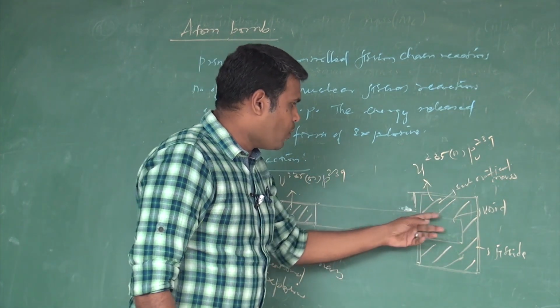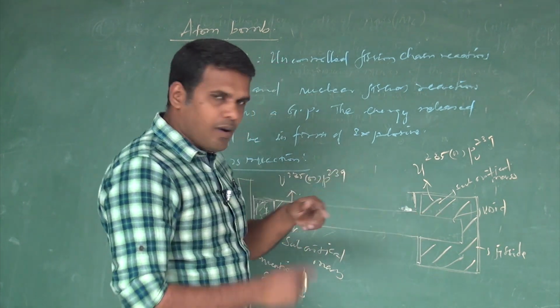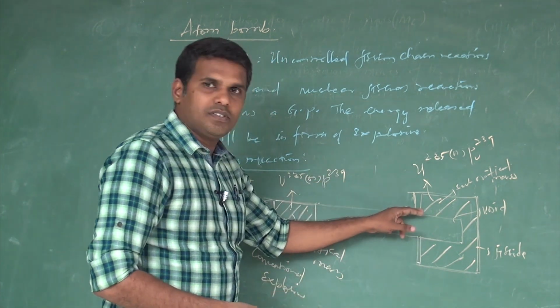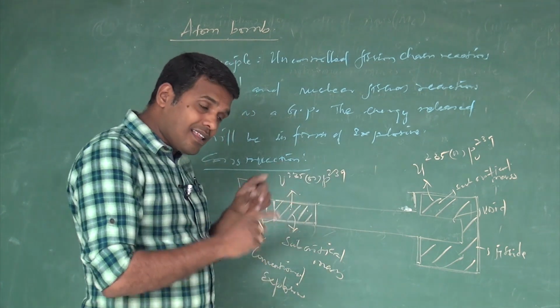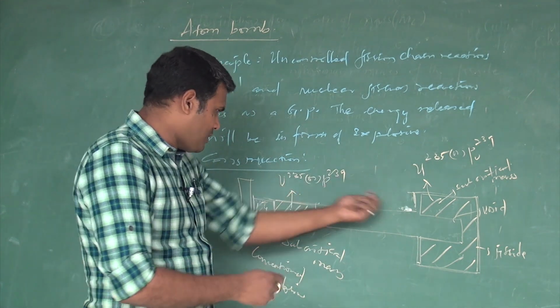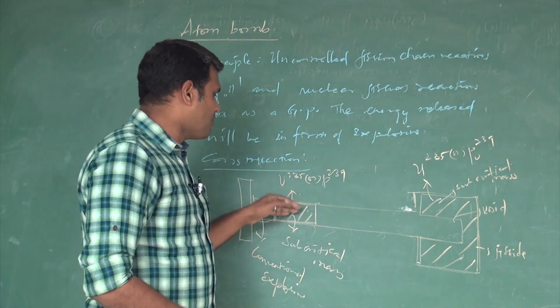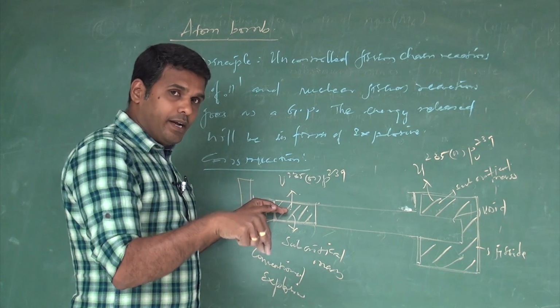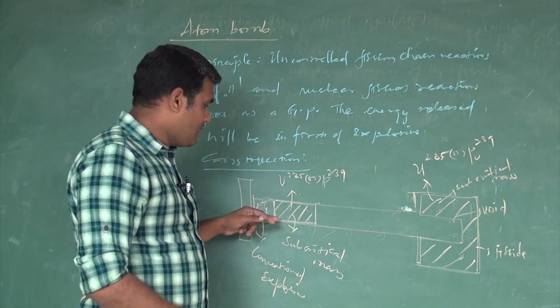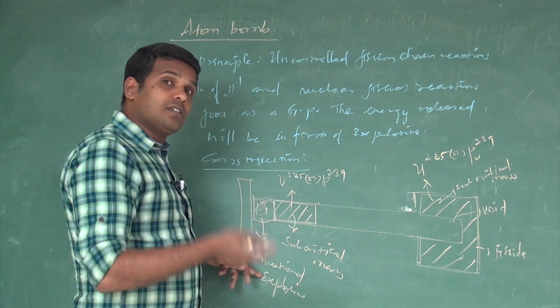This material has a void which is in the form of a cylinder. This cylindrical void can be filled by another cylindrical mass, which is kept at some distance. And if the bomb has to be exploded, first a conventional explosive must be exploded.